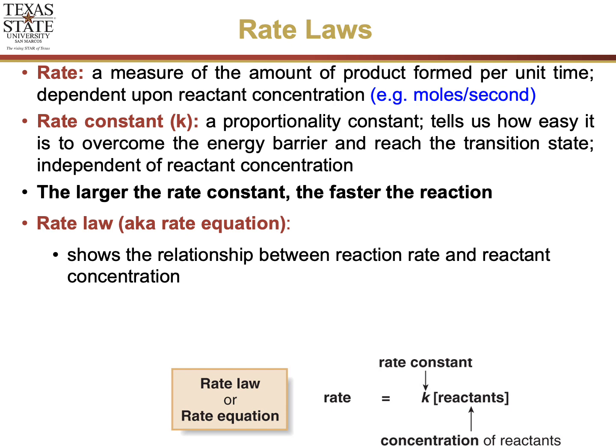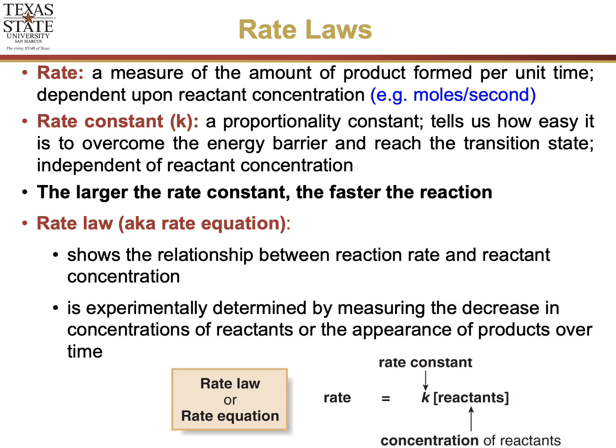The larger the rate constant, the faster the reaction rate. Okay, so this allows us to develop a rate law. The rate law is equal to the rate constant times the concentration of the reactants, and it is experimentally determined by either watching the starting materials decrease or the products increase over time.